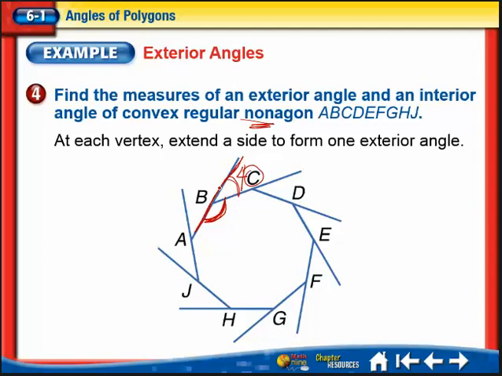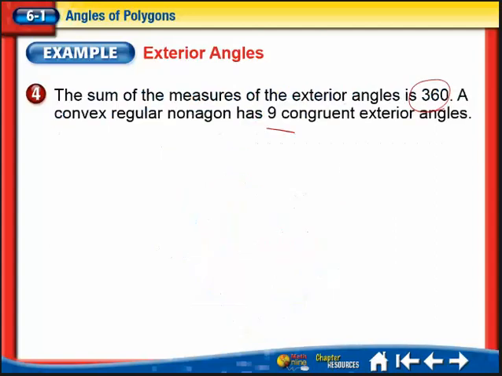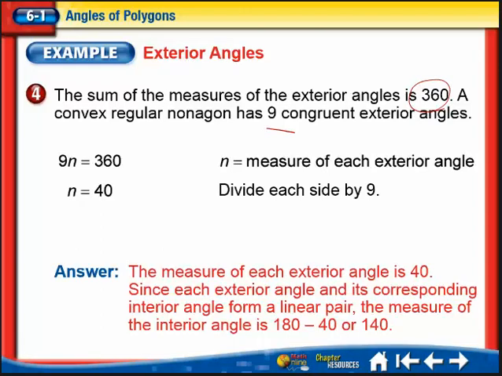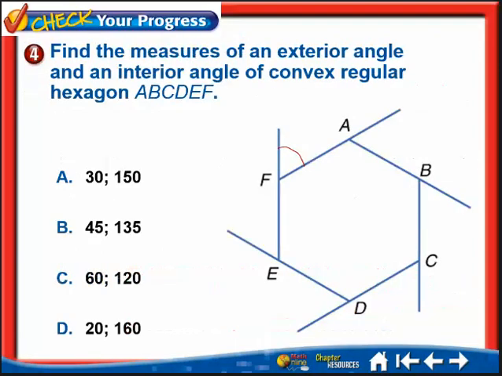How many degrees are in a straight line? I hope you remembered it was 180. So this has to be 140 so that together they make 180 degrees. So once you know the exterior, you can easily find the interior, and vice versa is true as well. So let's do one more example of that. I know this one's running long, but I want you to understand how to do these calculations.